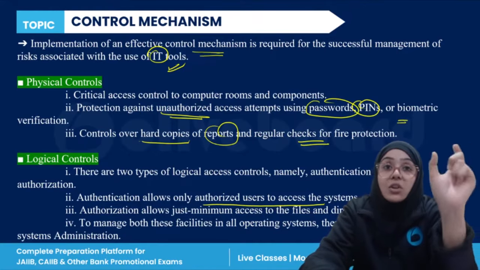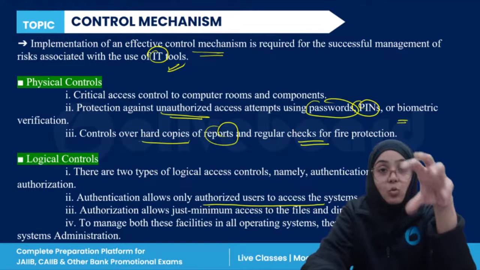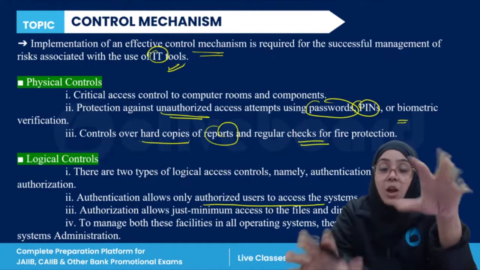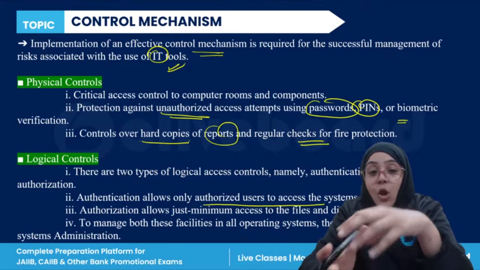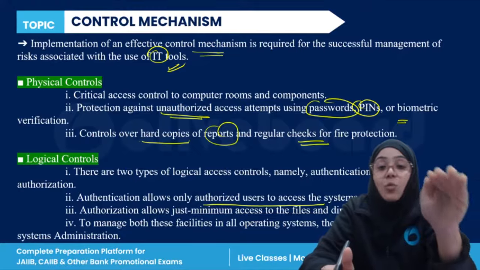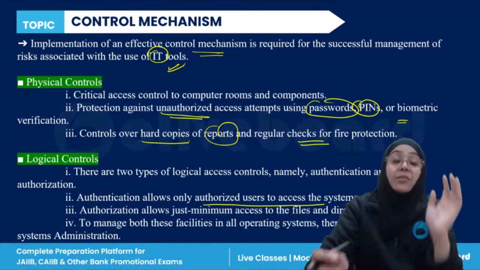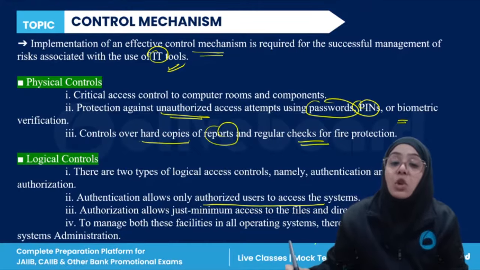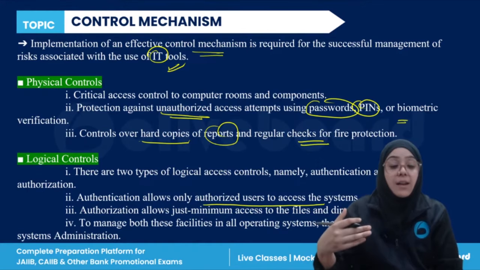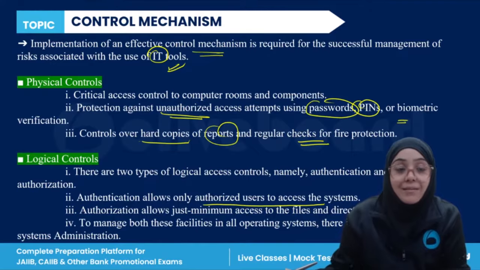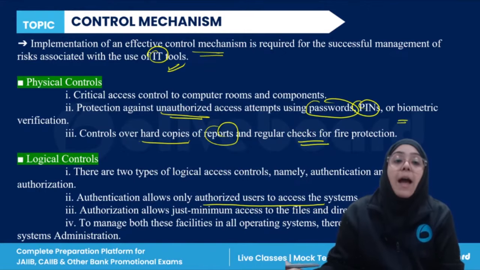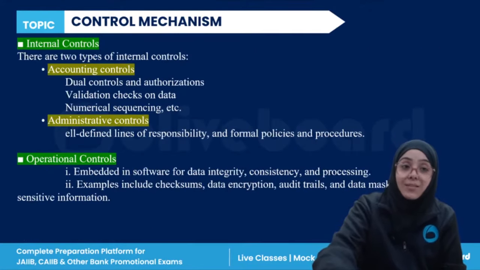Whereas authorization just allows minimum access, meaning you are authorized to access these files directly. Authorization limits the access, whereas authentication allows only those who are authorized to access the system. And both of these are managed in an operating environment to have a better and good administration system. So these are the physical and logical control mechanisms, right?